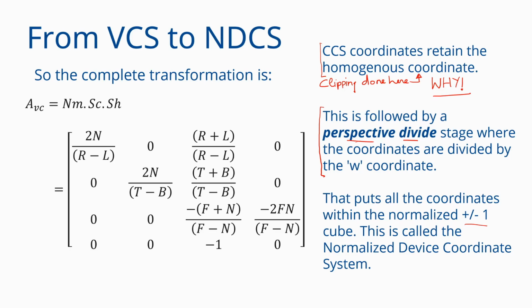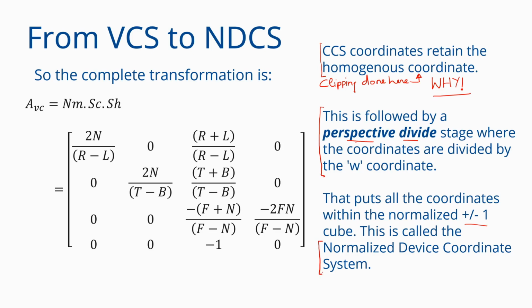So you might say that even in CCS we were in ±1. Well, UVN was in ±1, but the homogeneous coordinate was at some W. So after you have divided by the homogeneous coordinate, everything is at ±1. And this is called the normalized device coordinate system.